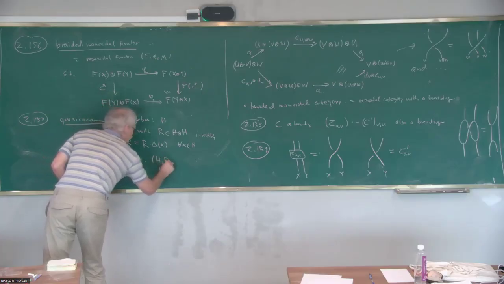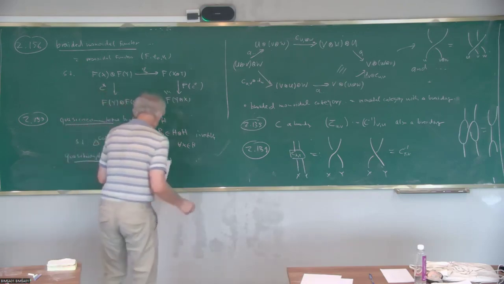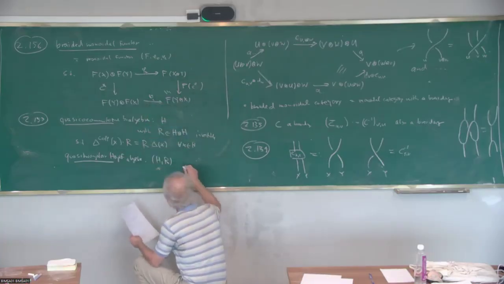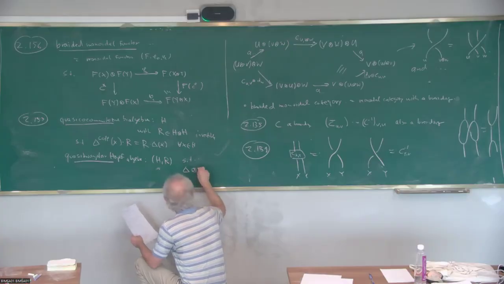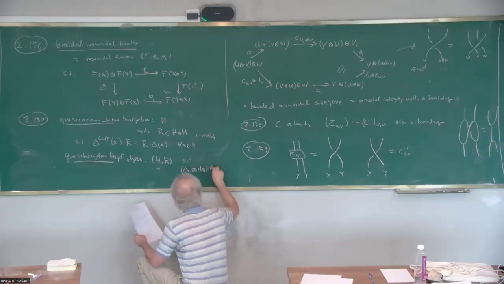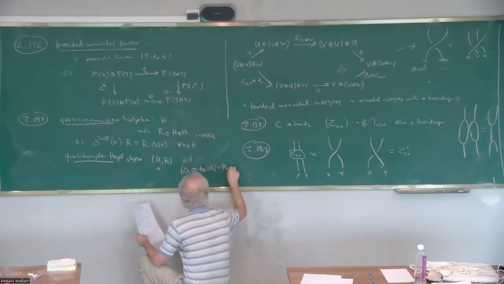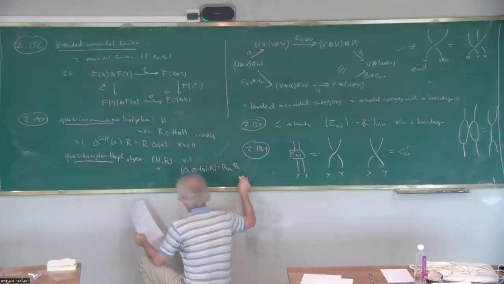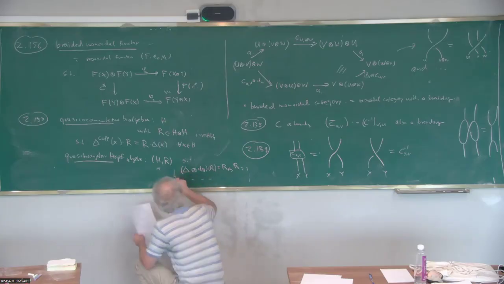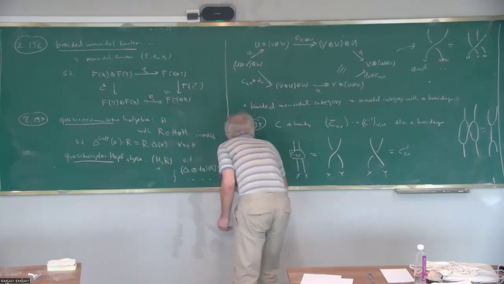is a quasi co-commutative Hopf algebra, where in addition you have delta tensor with the identity applied to R equals R13 times R23, and the second equation of the same type, where this means the following.